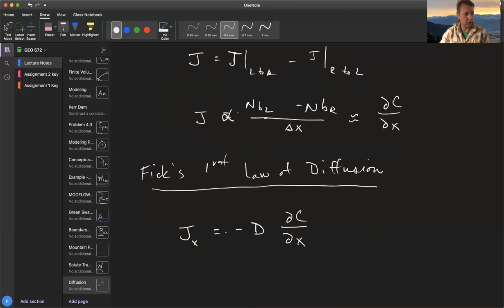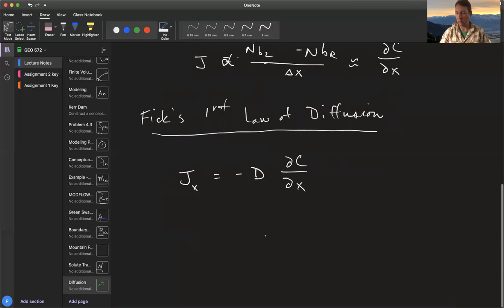This is the flux across our plane in the x direction, and it is proportional to the concentration gradient in the x direction, and it has a constant of proportionality D. We're going to get way into it, but this D is the diffusion coefficient.